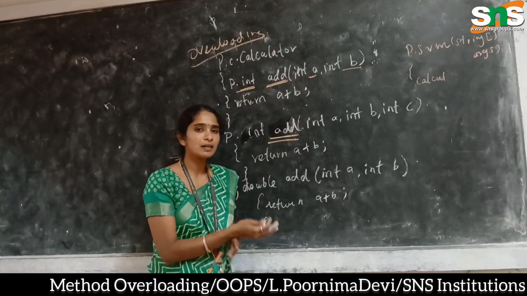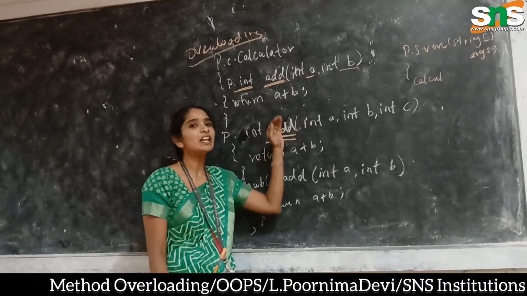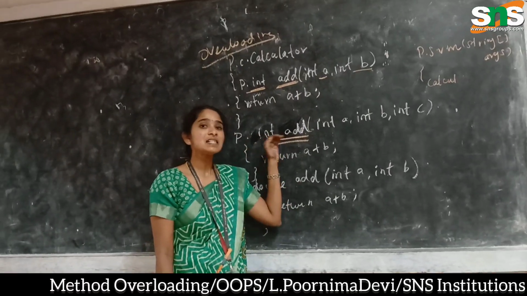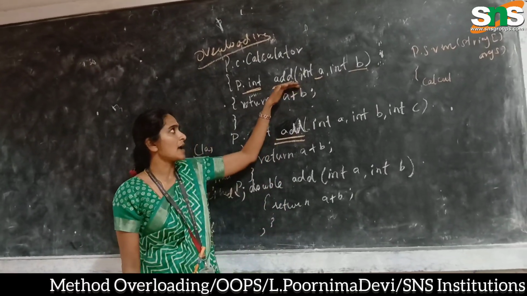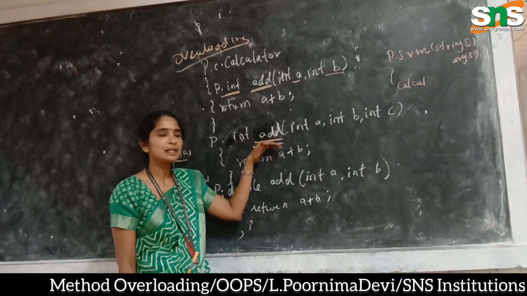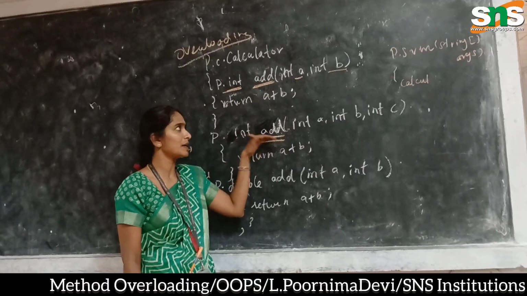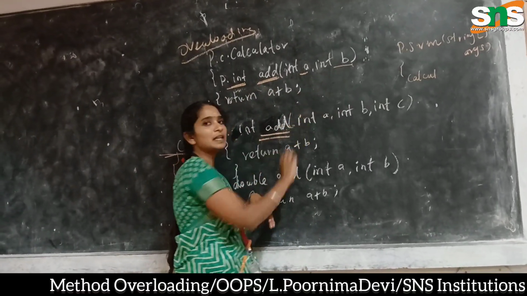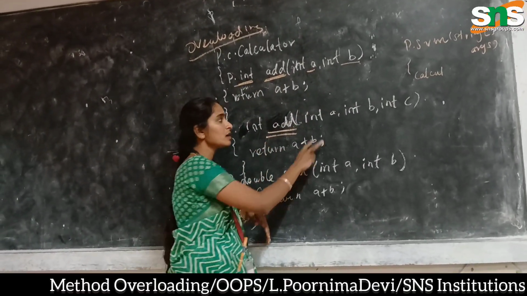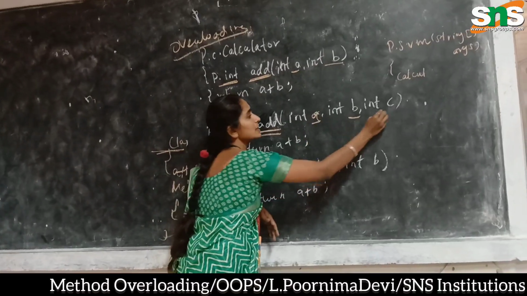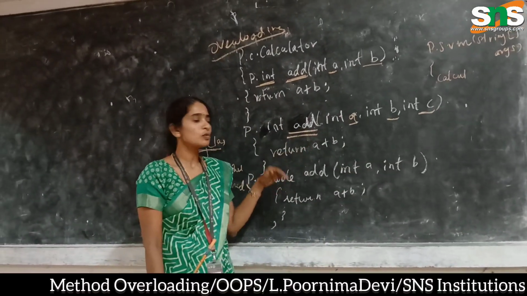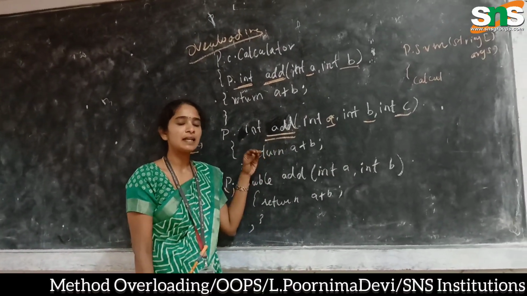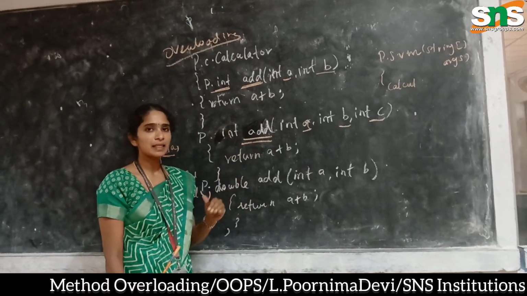To avoid this, we give different parameters for the same method. Here the method name is add again. This is overloading because we give two values as parameters in one and three values as parameters in the other. So this will not cause any errors inside the program. This is method overloading.